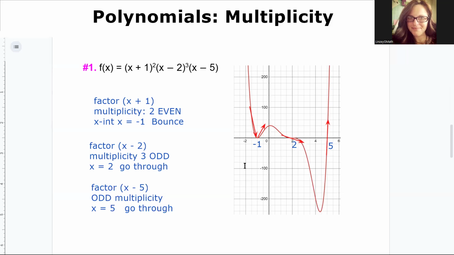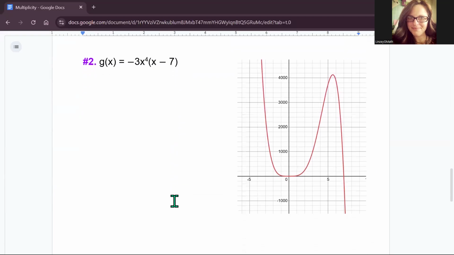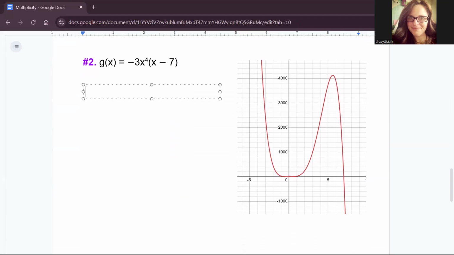All right, number 2. We do have the factor -3x to the 4th. And this factor does have a multiplicity of 4, an even multiplicity.